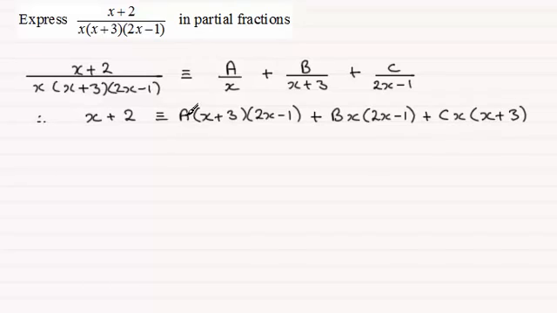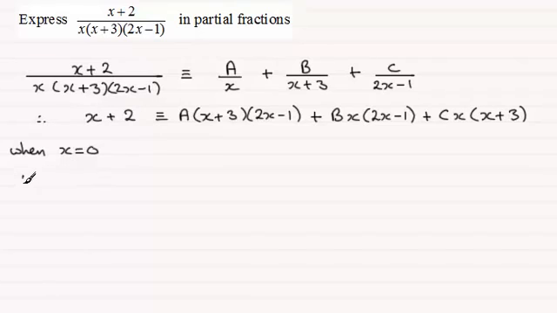So we've got to work out A, B and C now, and we can do this by making each of these brackets 0. I say each of these brackets, but the first value I'm going to take is in fact x equaling 0. So when x equals 0, then on the left here we're just going to simply have 2.